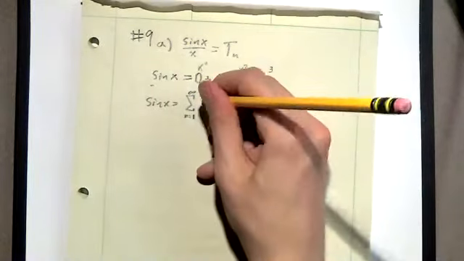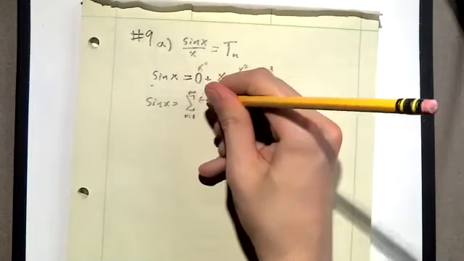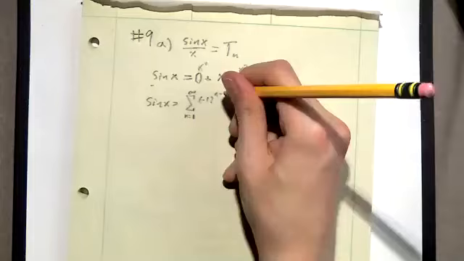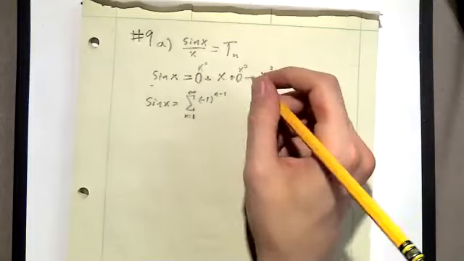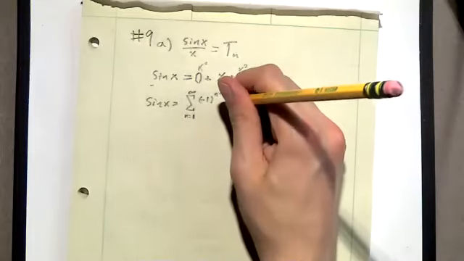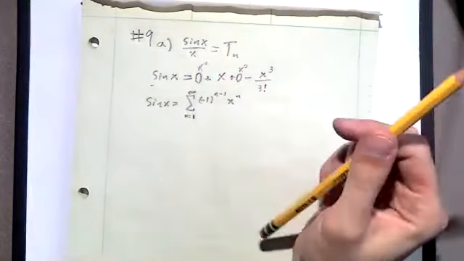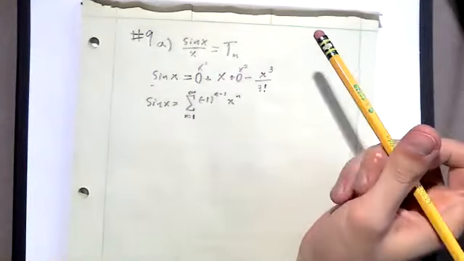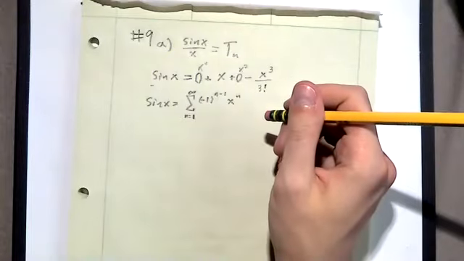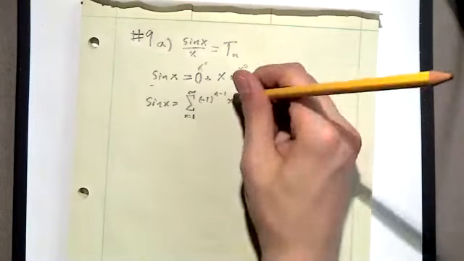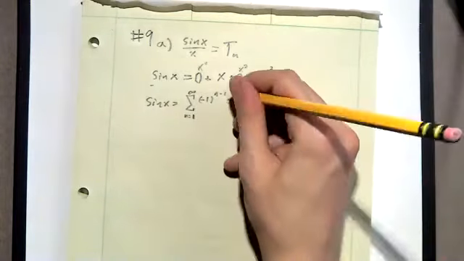And we get negative 1 to the n, and then we can do just minus 1 here, so we start at positive. And then x to the, it'd be 2n minus 1. Yeah, 2n minus 1 would be best.